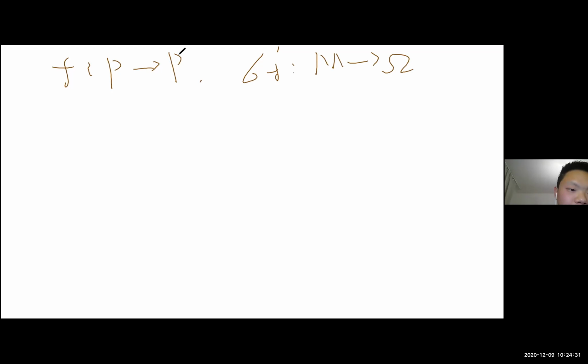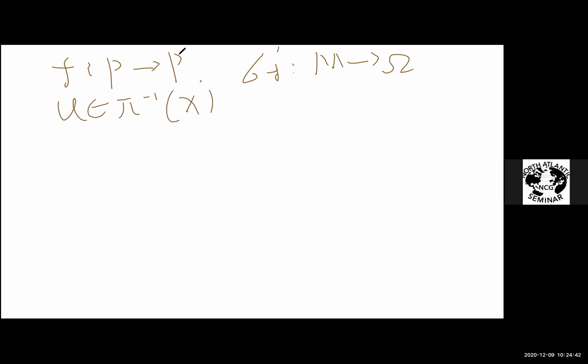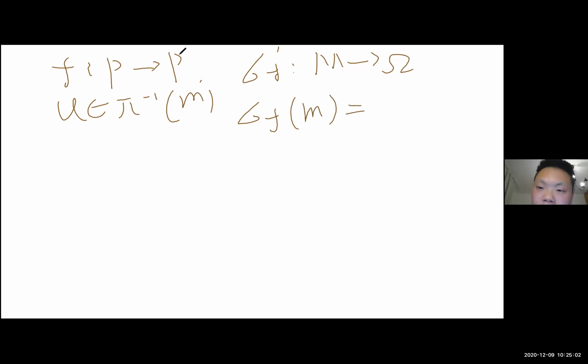Assume U belongs to a fiber over X, where X is an element in M. Maybe you should call it M. Okay, you prefer M, so then we call it M. Then sigma F of M is equal to the equivalence class where the second factor is U and the first factor is F of U.